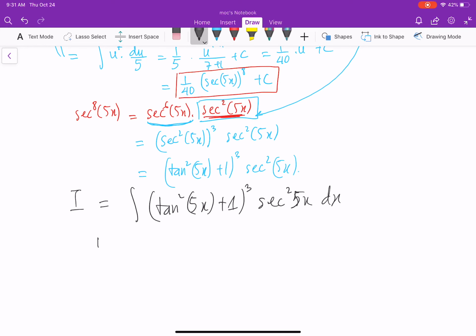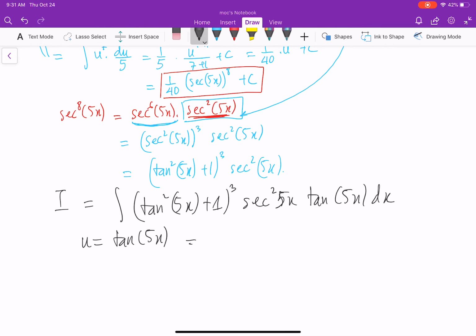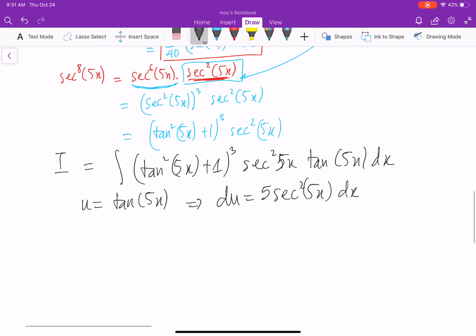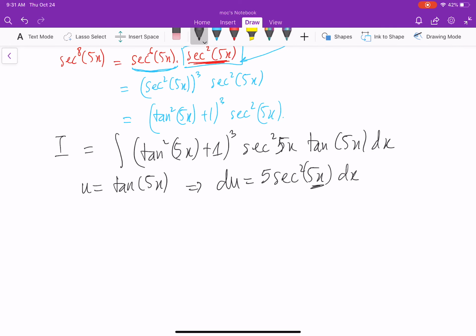We still have tangent 5x dx over there. So we put u equal to tangent. From here I have du equal to secant square 5x dx times 5, because 5 is the derivative of 5x. So I is equal to the integral of u square plus 1 cubed times secant square 5x dx.